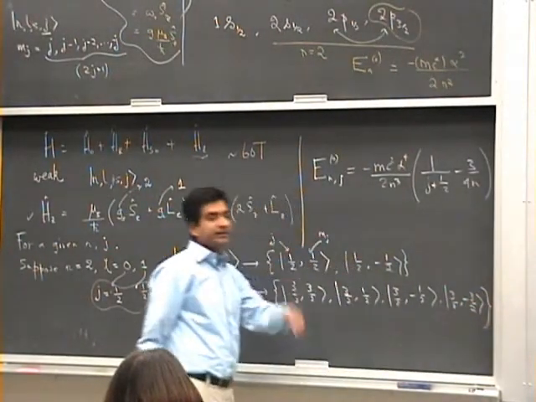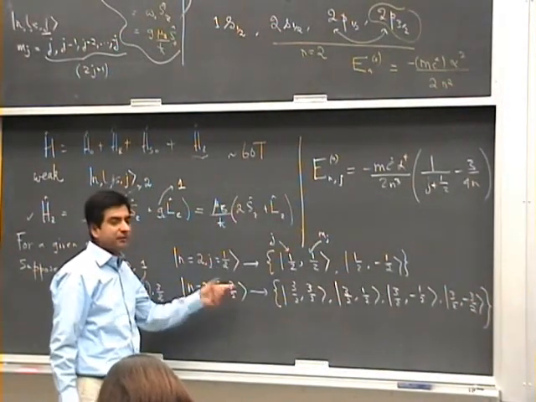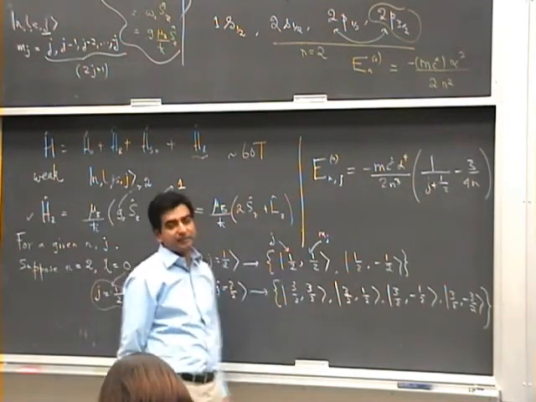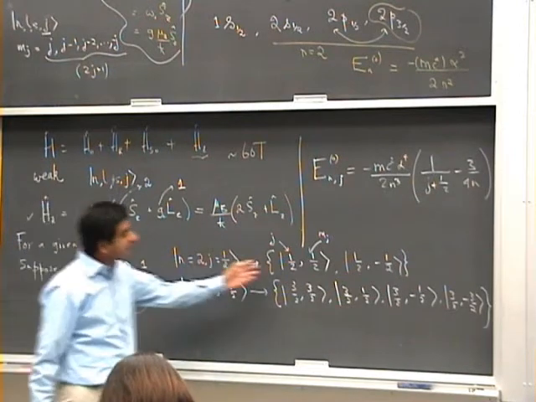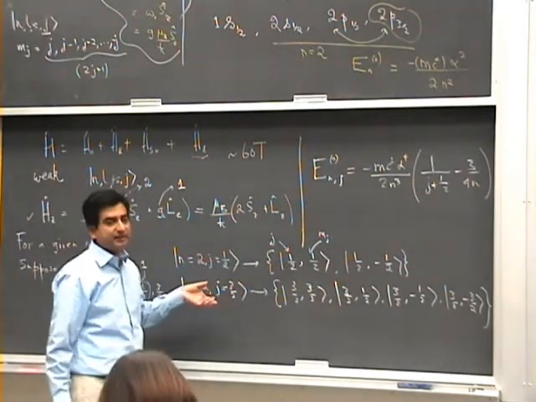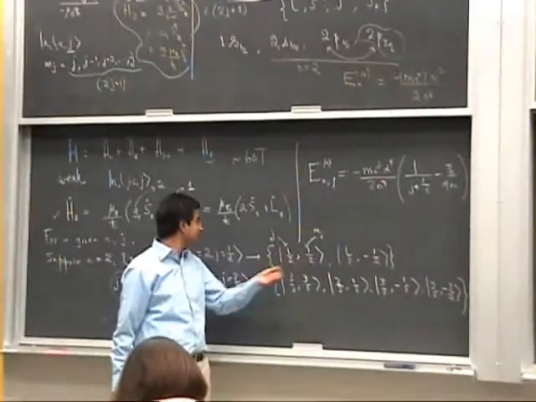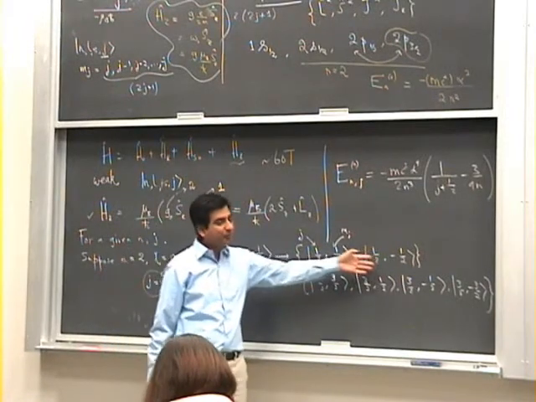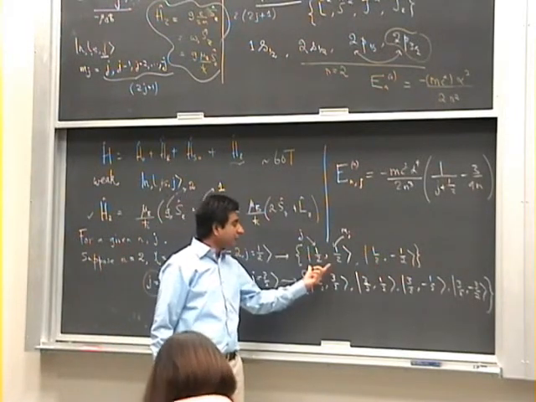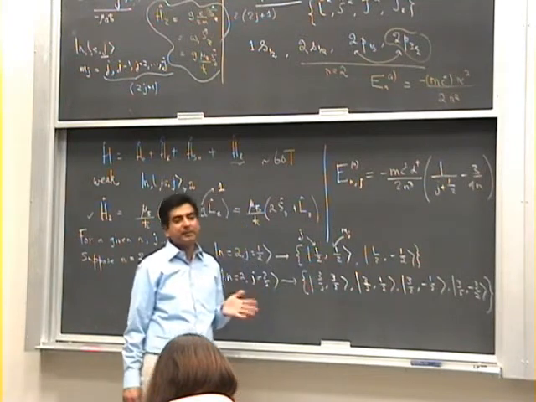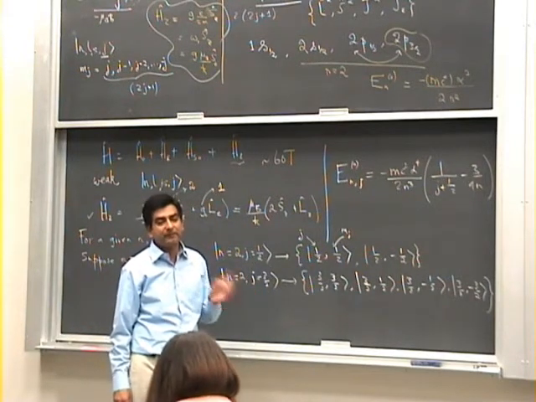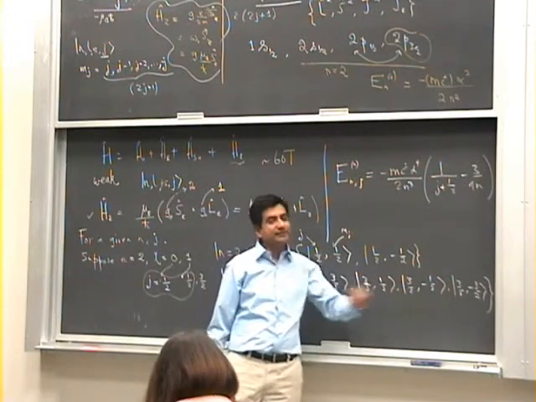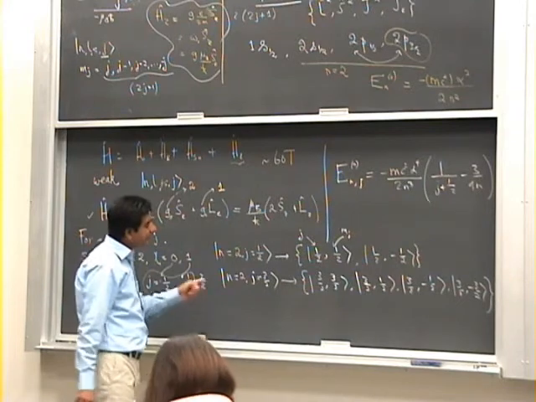So this is a 4-fold degenerate subspace because 2 times 3/2 plus 1 is 4. I'm ignoring the spin. The other is a 2-fold degenerate subspace. Both of these vectors have the same value of n and j, so if the electron lies in either of these states, it will have the same energy, if we have not yet considered the Zeeman interaction. Likewise, these states will have the same energy because they have the same n and the same j.